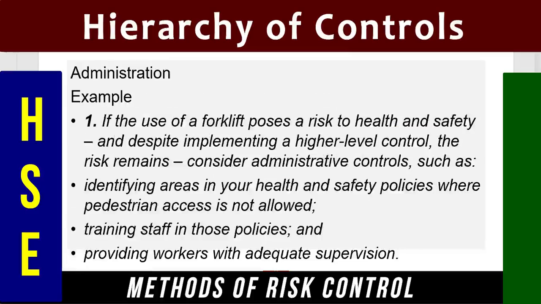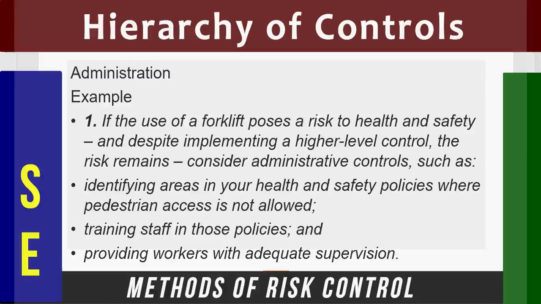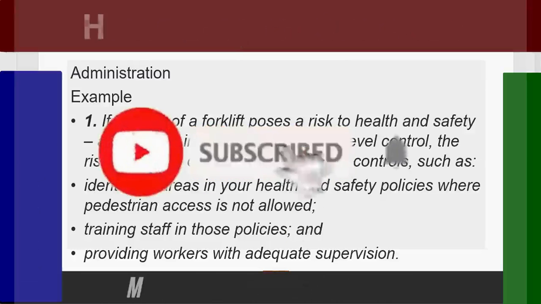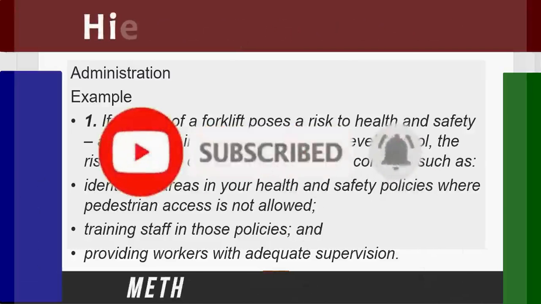An example of administrative controls: if the use of a forklift poses a risk to health and safety, and despite implementing a higher level control the risk remains, consider administrative controls such as identifying areas in your health and safety policies where pedestrian access is not allowed, training staff in those policies, and providing workers with adequate supervision.